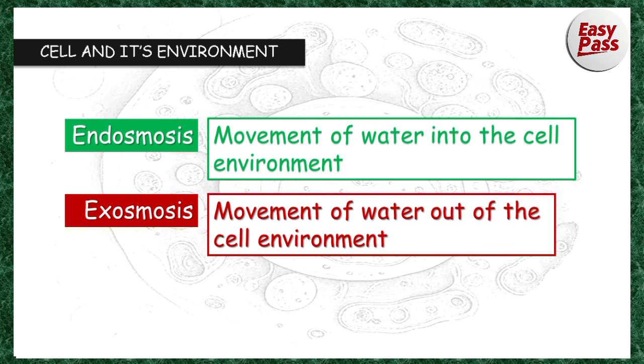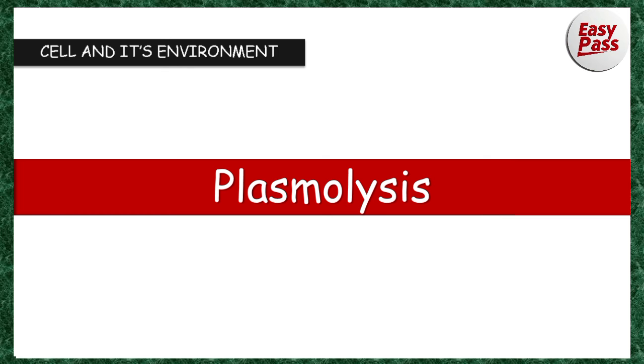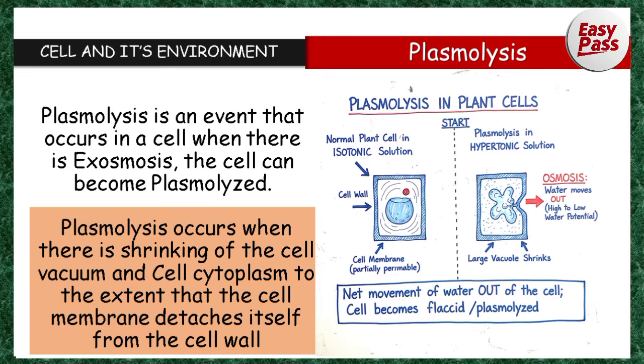Now, plasmolysis is an event that occurs in a cell when there is exosmosis. When there is exosmosis, the cell can become plasmolysed.